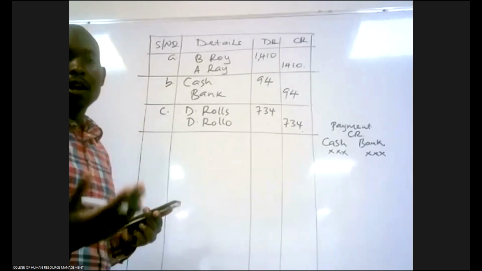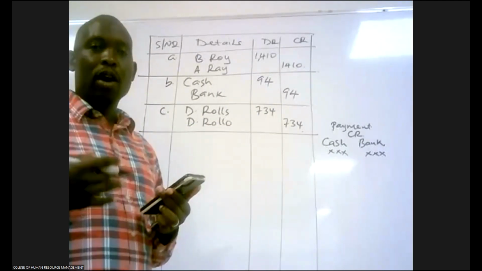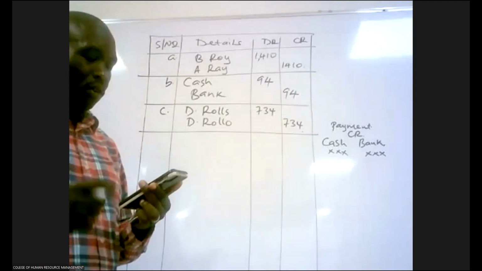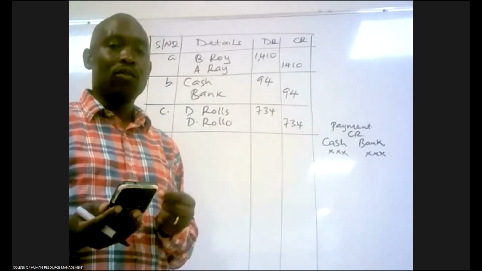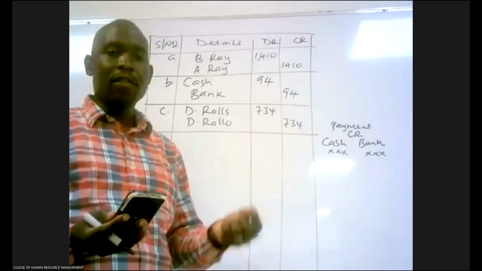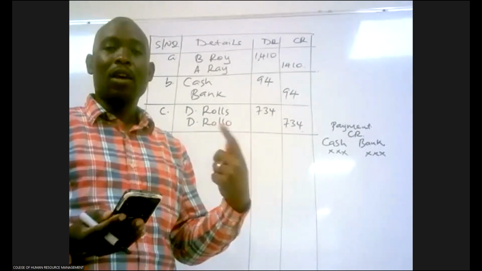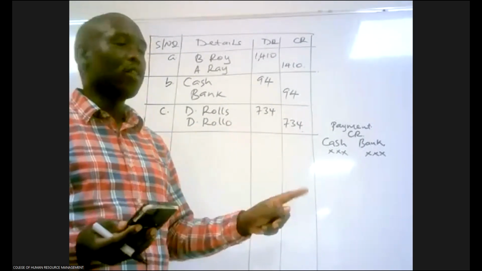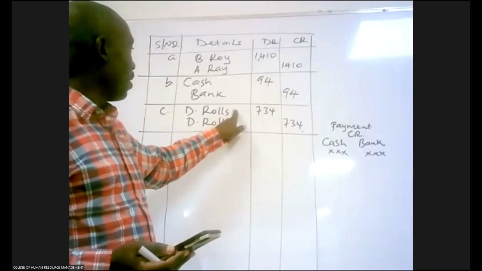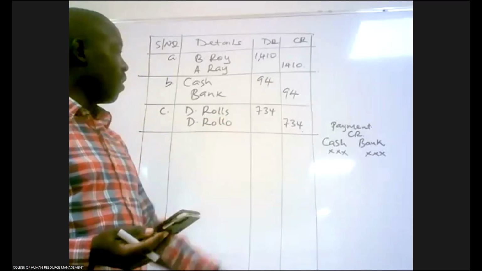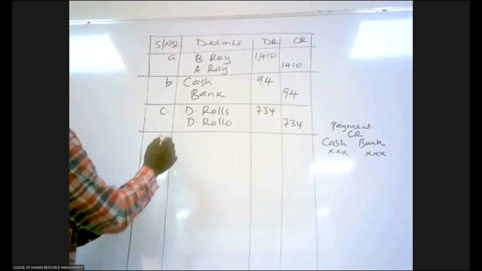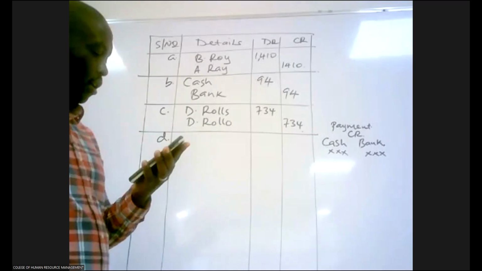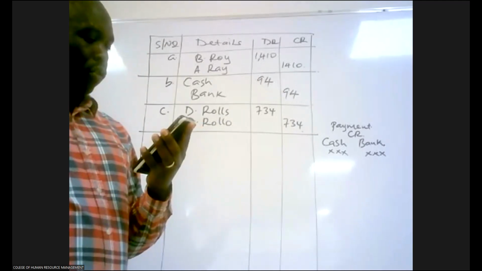So when you are handling this, you need to have that self-conversation. When you sell, you credit sales, you debit the customer. So what happened? In this case, it is the customers that were wrongly entered. So we correct on the customer's end. Debit the correct customer, credit the wrong customer that was debited. D, purchase of goods on credit.